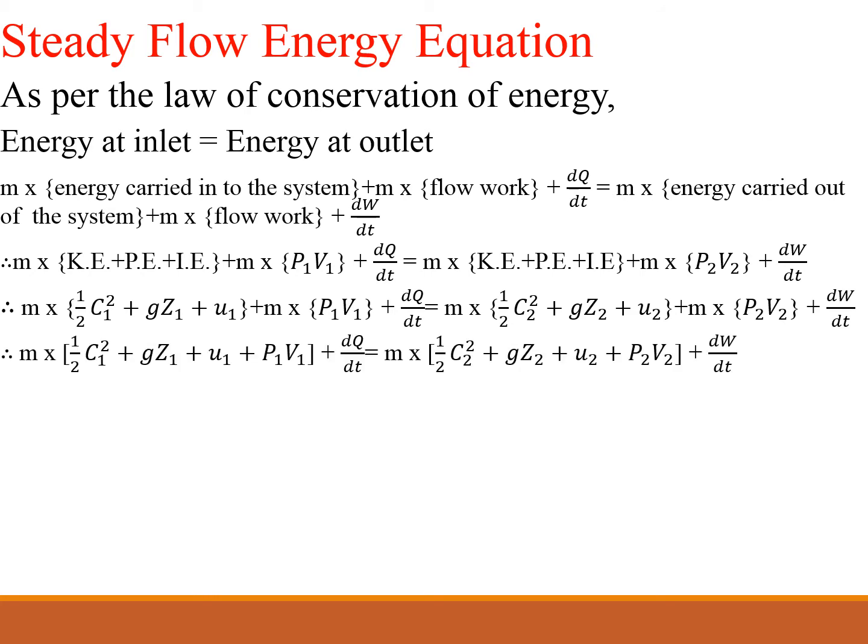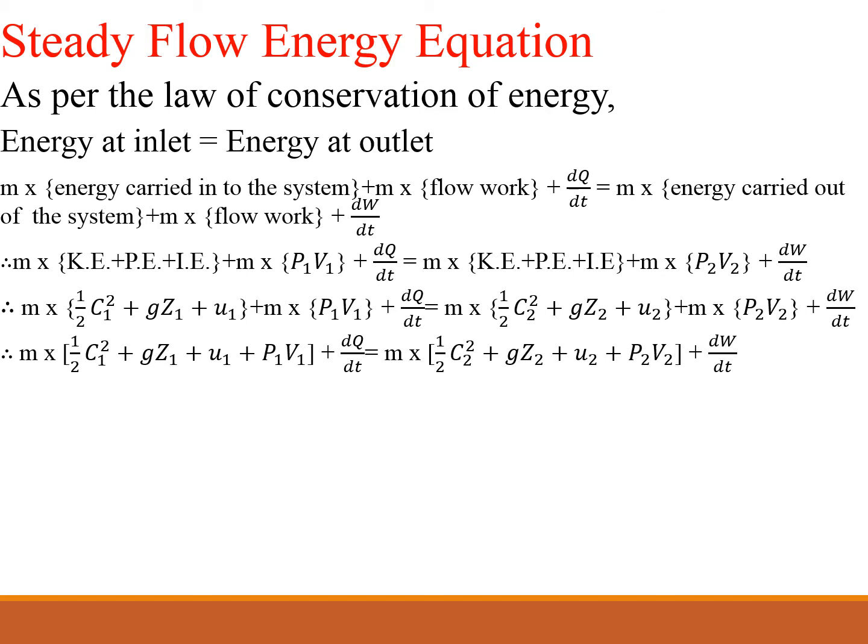Taking m common, the next equation is m into half c1 square plus gz1 plus u1 plus p1 v1 plus heat energy is equal to m into half c2 square plus gz2 plus u2 plus p2 v2 plus work done.